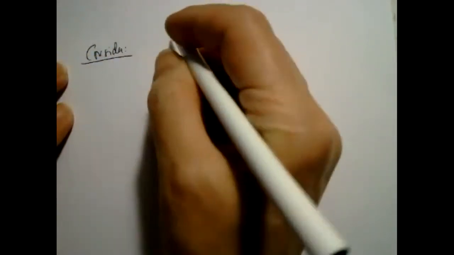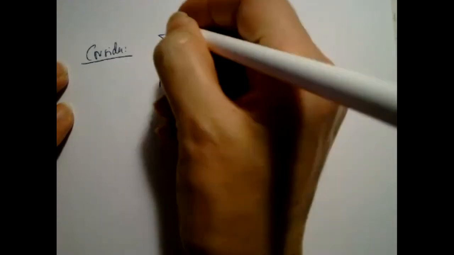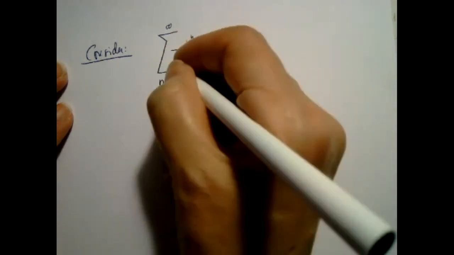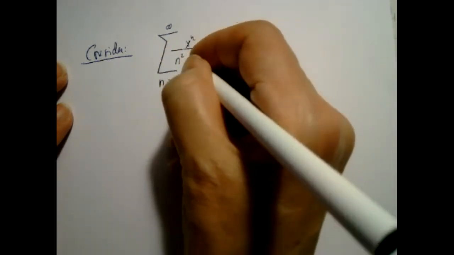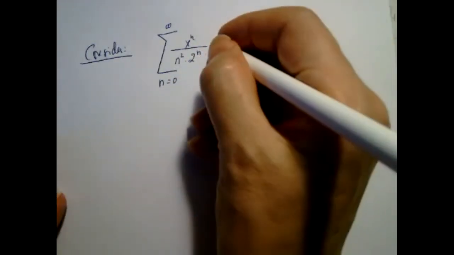Let's consider the following series: sigma n equals 0 to infinity of x to the n over n squared times 2 to the n. That's a typical power series.